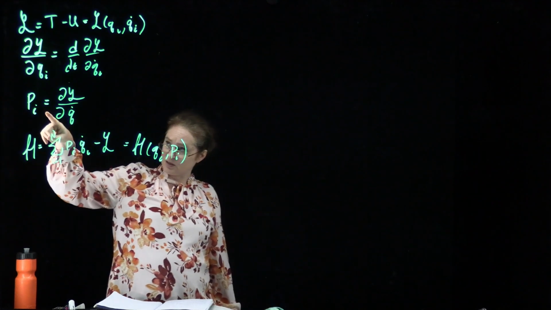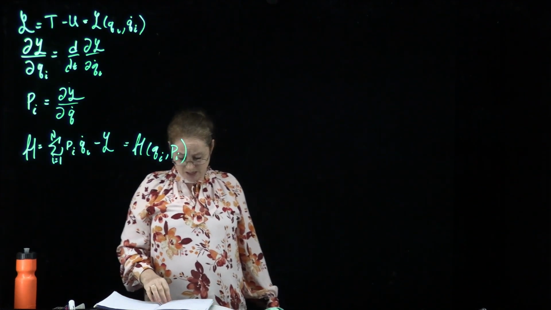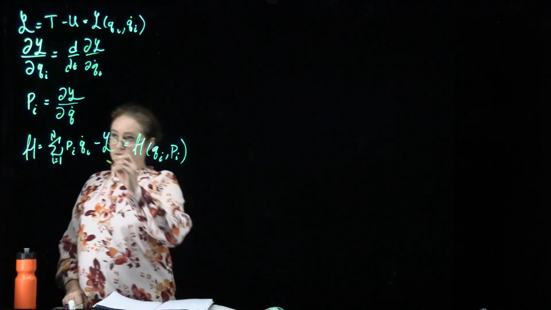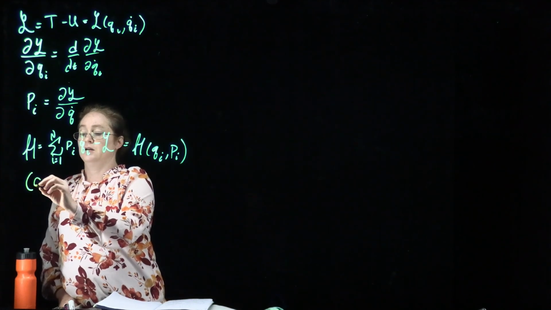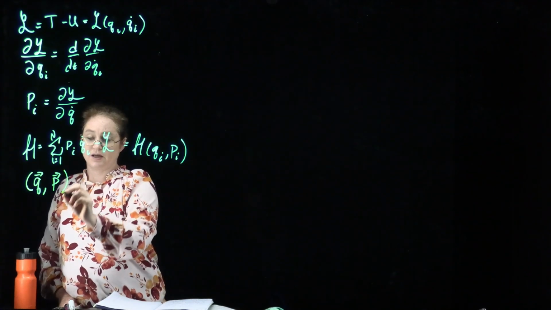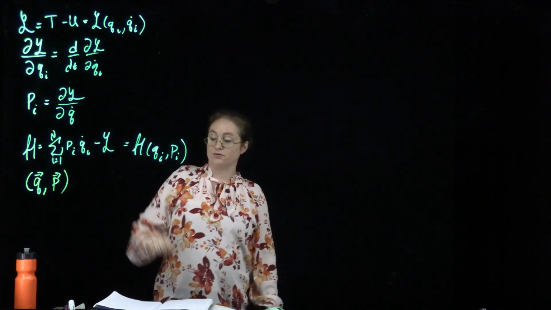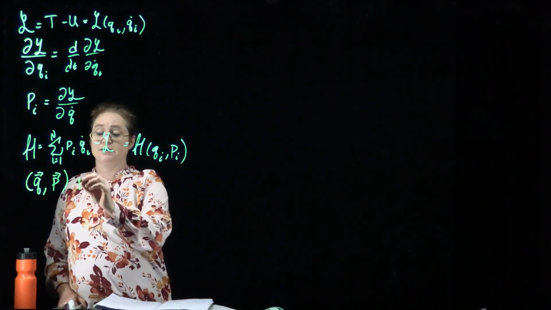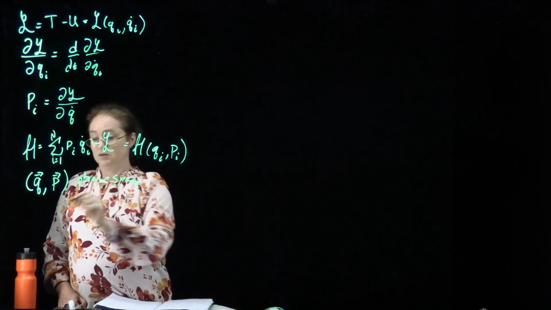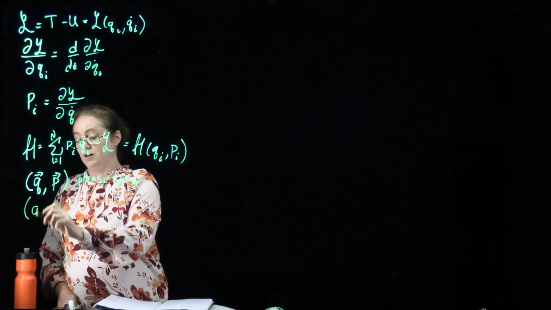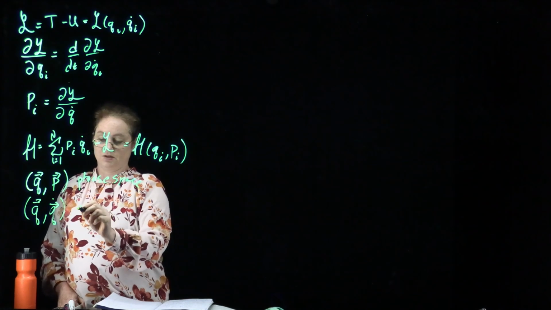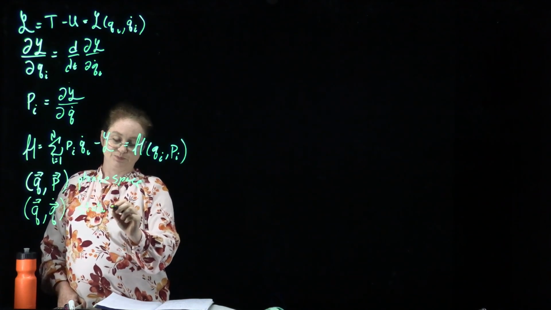We also call p_i the momentum conjugate to the q_i. And we will define the combination of the q's and the p's as our phase space. This is slightly different from the state space. In chapter 12, we used the q's and the q dots and described this as state space.